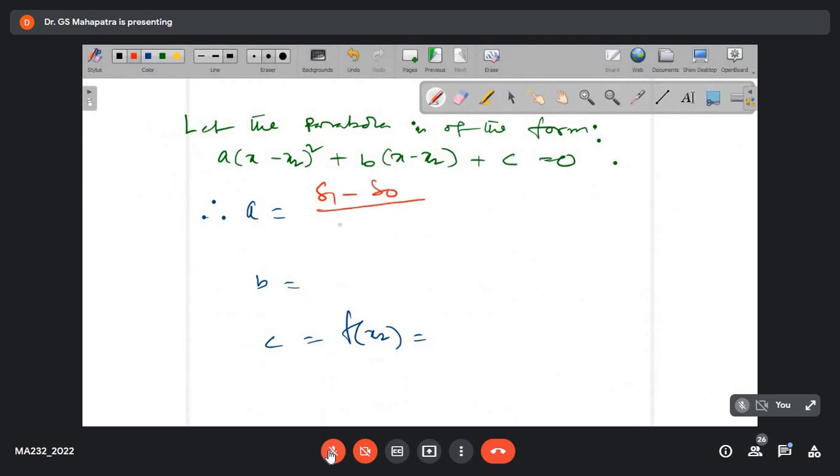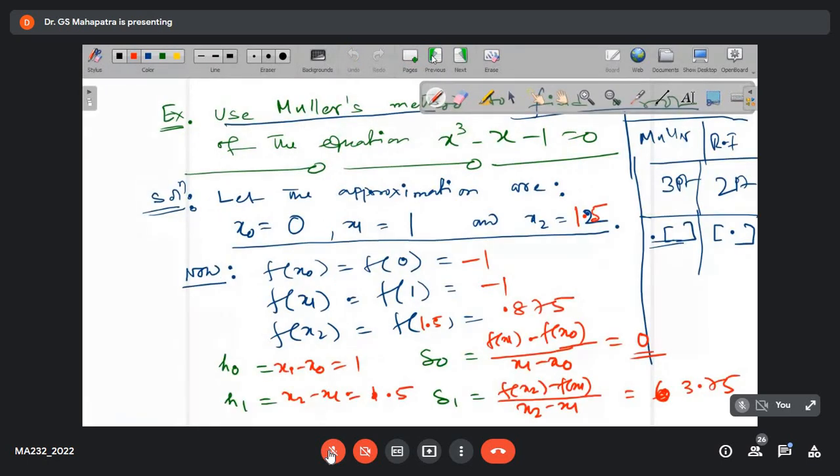I can write this formula: A is del 1 minus del naught divided by h1 minus h naught. B is A h1 plus del 1. And f of x3 is known, that is f of 0.875.